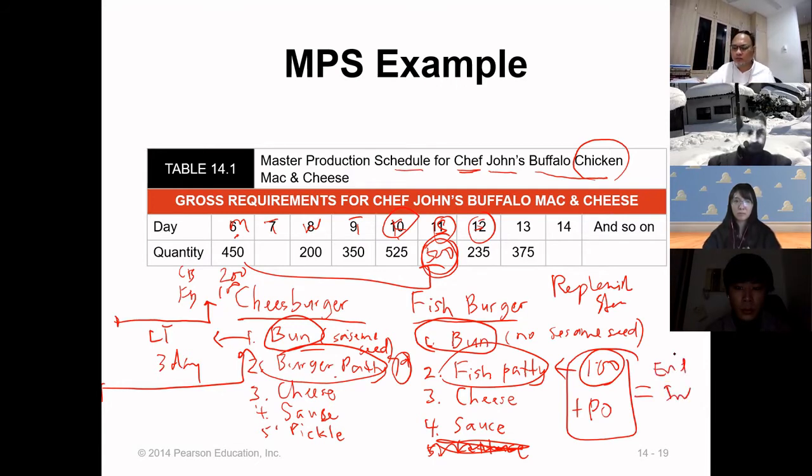So this kind of planning is required even for food. If we know the product structure, if we know the ingredients, then only can we have the so-called gross requirement. What is the total quantity required?